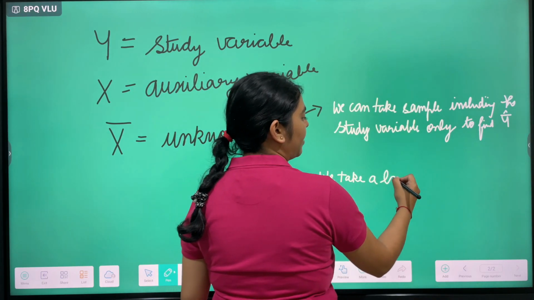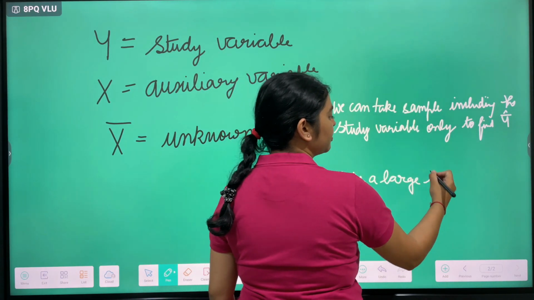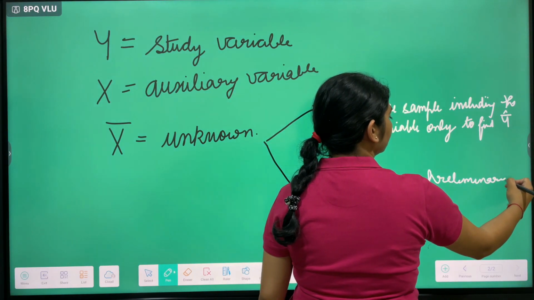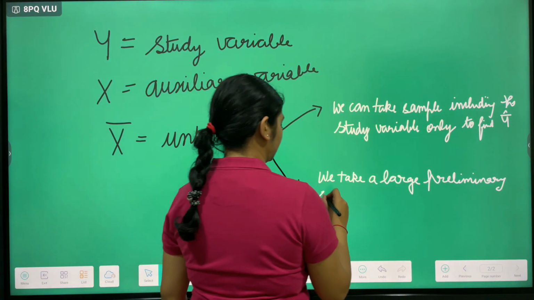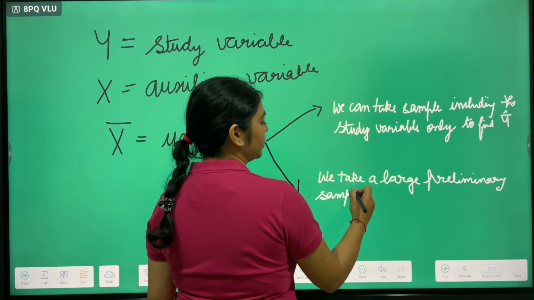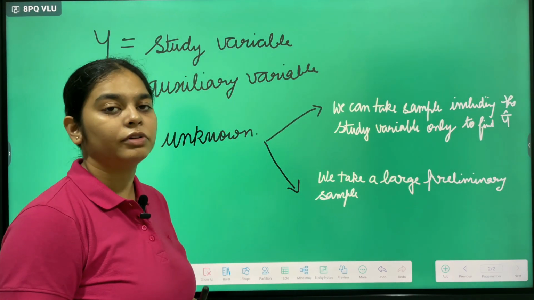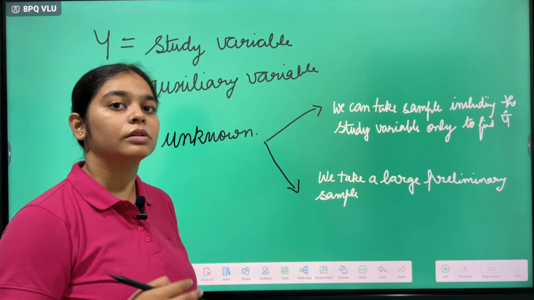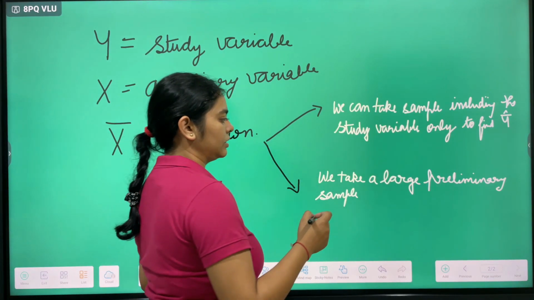which is known as double sampling, is we take a large preliminary sample. Why are we taking a large sample? Because as we take a large sample, we know that we'll get a good estimator. The variation in the sample is reduced. That is why we take a large sample.